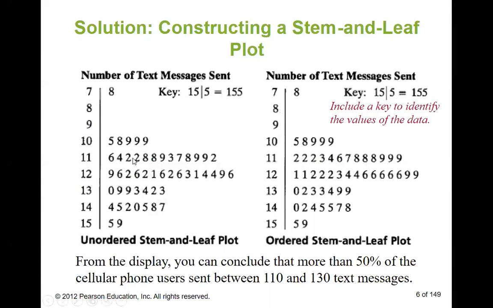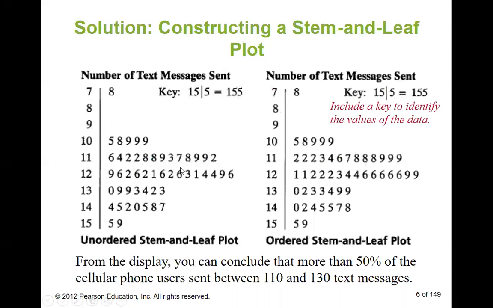You could conclude just from looking at this, because this is longer and this is longer, and this would be the third longest, that more than half of these users sent between 110 and 130 text messages. So that would be easy to just visually see in some data.